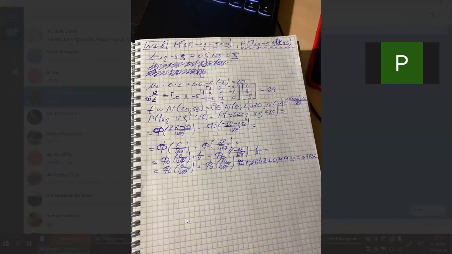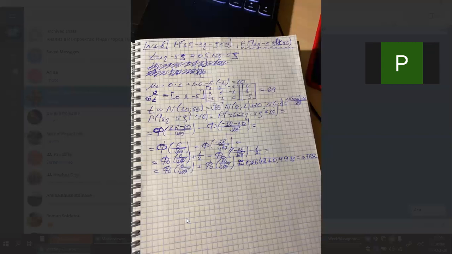Okay, when we covered the topic of the normal distribution, we had the formula in the lecture that the capital phi 0 is equal to the capital phi minus 1/2. This is because in capital phi, we cover the interval from minus infinity.